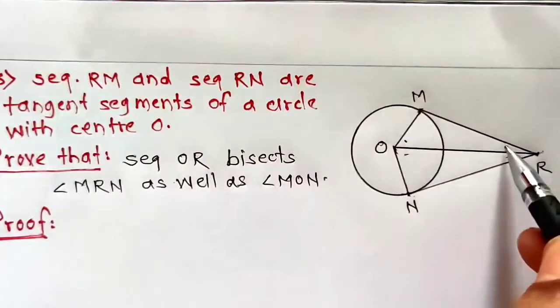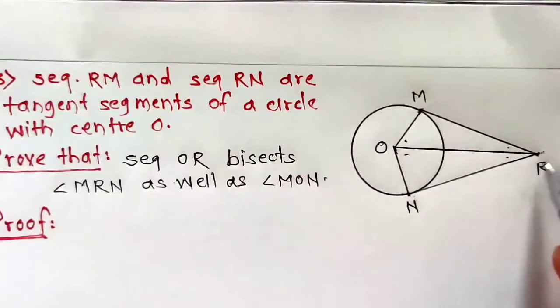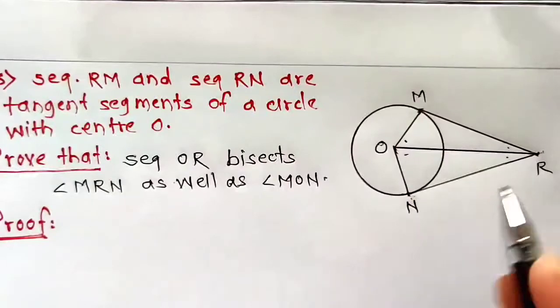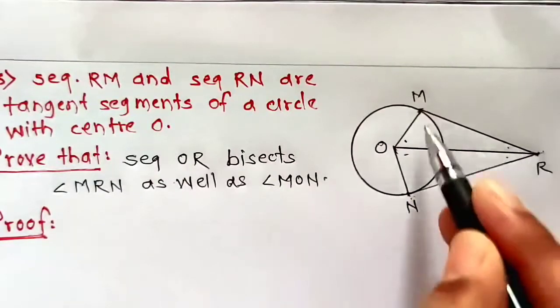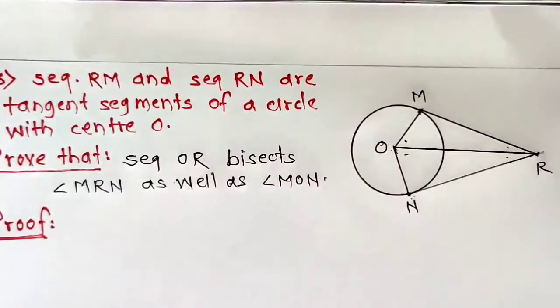Means we have to prove angle MRO congruent to angle NRO, first step, and angle MOR congruent to angle NOR. That we have to prove.